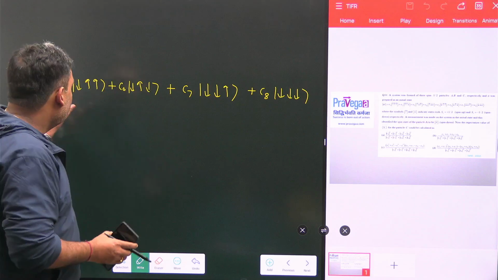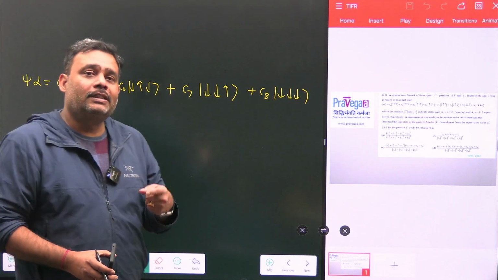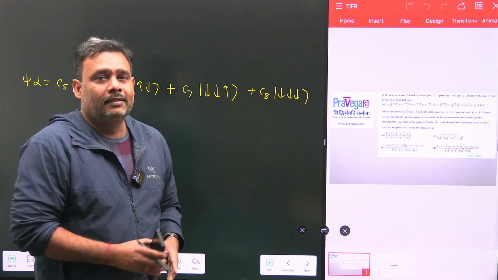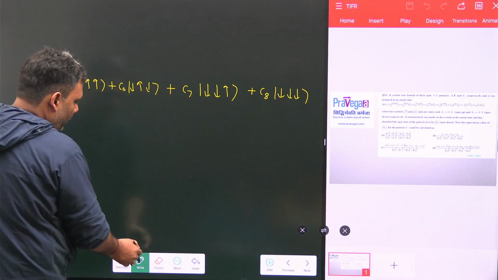Now on this state, we have to find the average value of Sz for particle C. So for particle C, that means we have to talk about the last one.